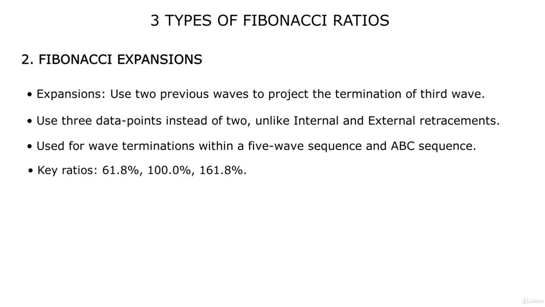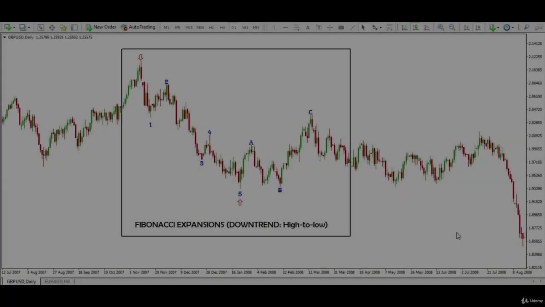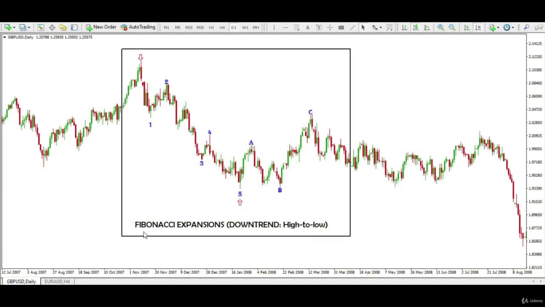Finally, let's plot expansions using the same example. We know by now that expansions are used to project wave C termination. On MetaTrader 4, you have a different tab to use expansions.